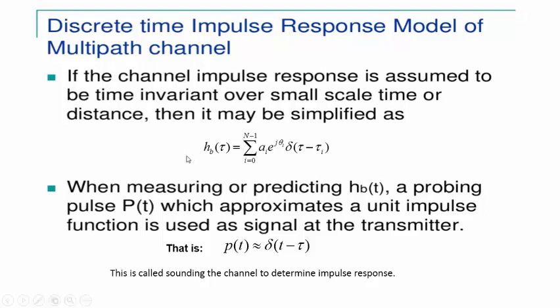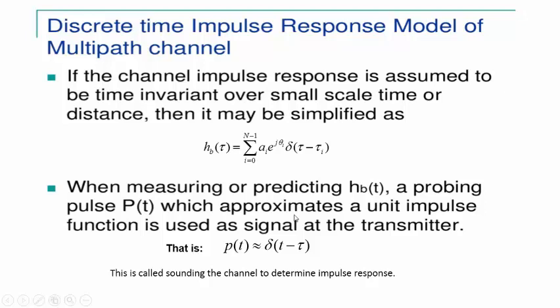When measuring or predicting the impulse response, that is h of tau, the probing pulse p of t, which approximates a unit impulse function, is used as the signal at the transmitter. That means at the transmitter the probing pulse with a specific time period is mainly utilized to check the behavior of the radio channel.